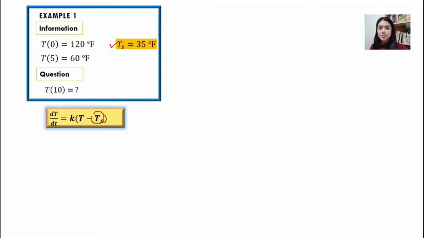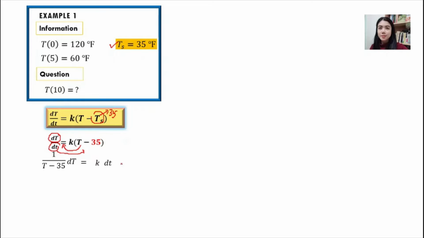Substitute it into this one, and we will have the next line. Now you have to bring this T minus 35 to the left hand side. It becomes 1 over T minus 35 together with dT. And for the right hand side, you will have k together with dt.